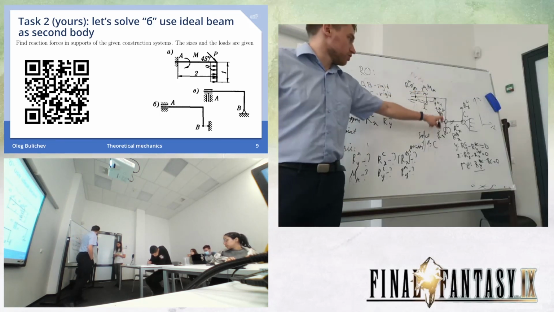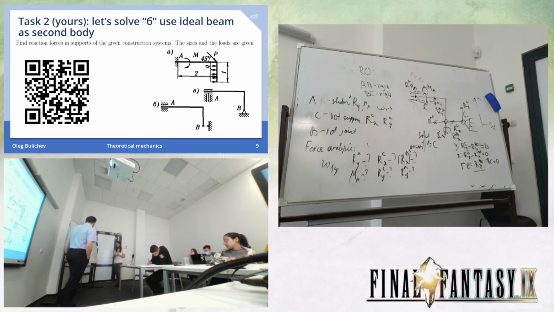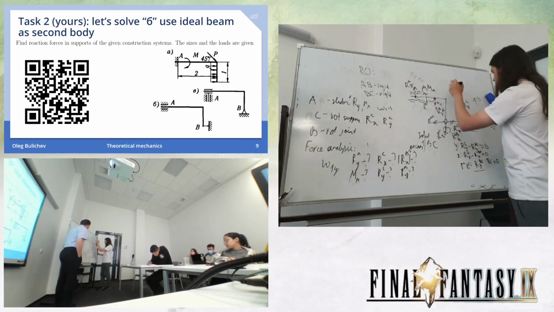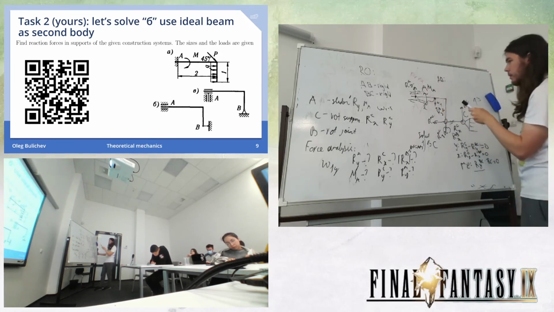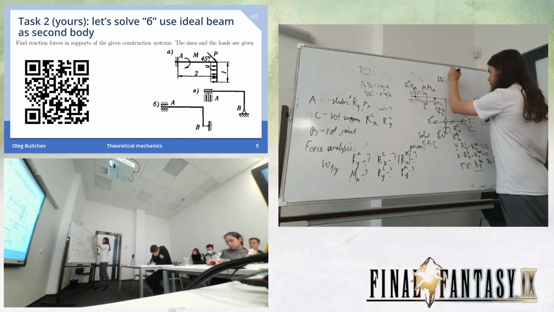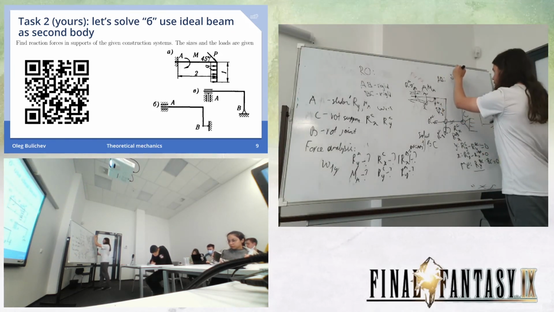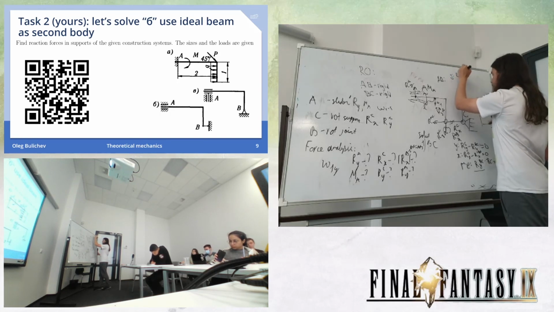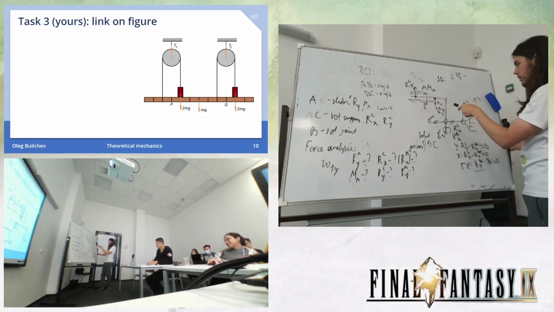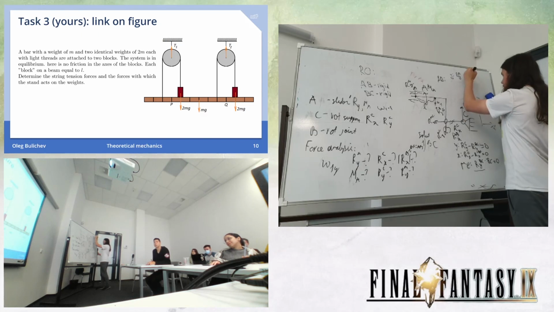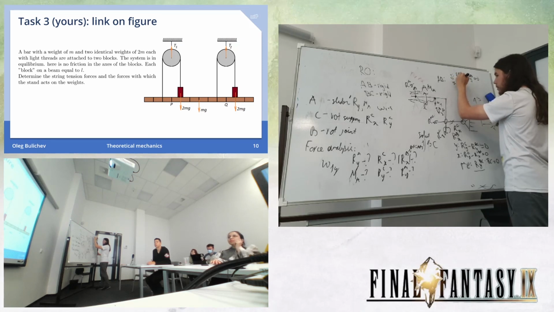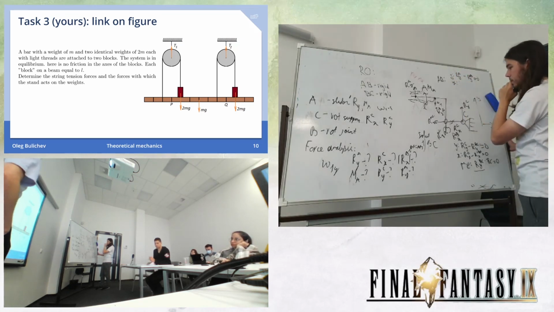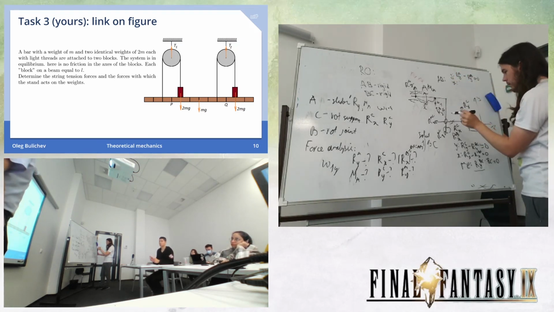Now we will consider the A, B equations. Time is up already. Unfortunately for you, you have to learn this task at home. I'd like to make you aware that you cannot consider that the tension forces at the first and the second point are the same.